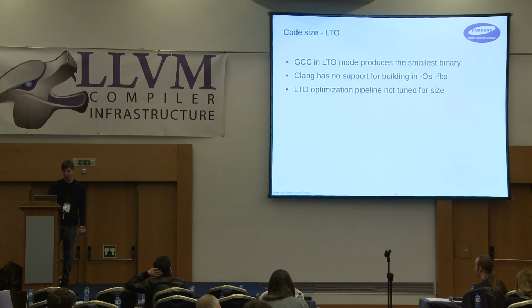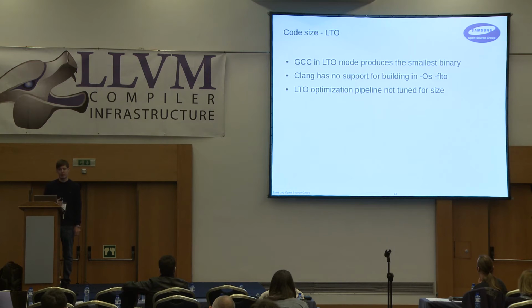And if you're wondering why there's no Clang LTO number, here's why. Right now, if you want to do an LTO build and you pass the -Os option, it will just error out and complain that the -O option requires a number. So there's basically no optimization pipeline set up for code size. That's still something that's missing.